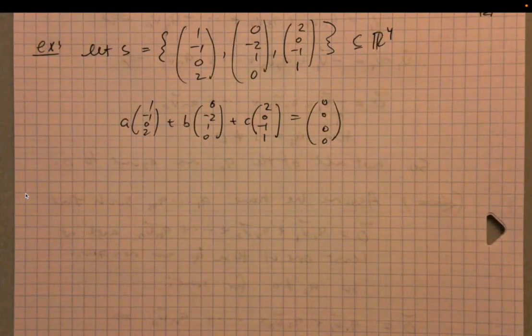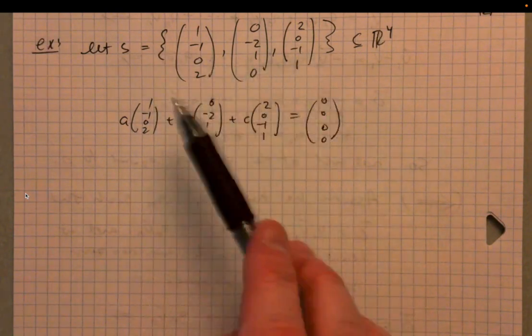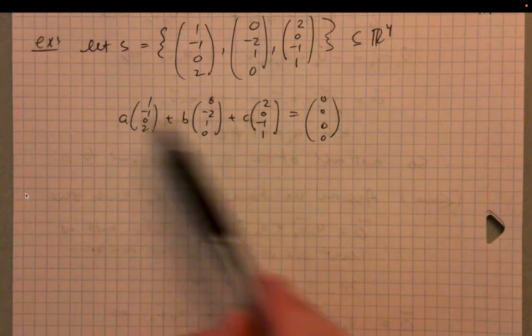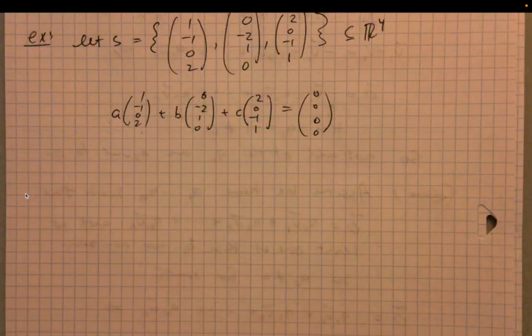Okay. And so what we'd like to be able to do is test for linear independence by using this idea that A, B, and C have to be 0. That this equation implies that A, B, and C must be 0 in order for S to be linearly independent.